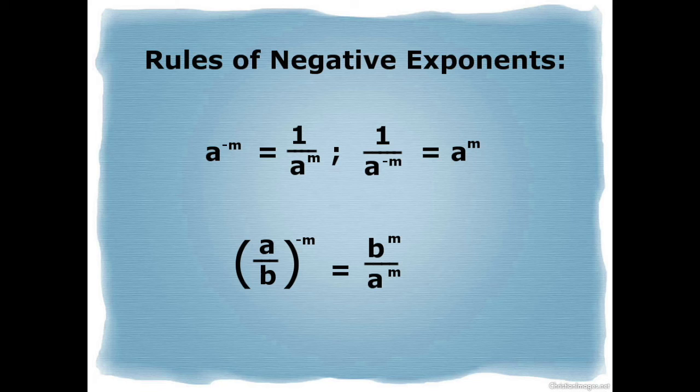What does that exponent apply to? Everything in the parentheses. So since it's a negative exponent, what are we going to do? We're going to flip our fraction, and it's no longer going to be a over b. It's going to be b over a. And our exponent is going to become positive.